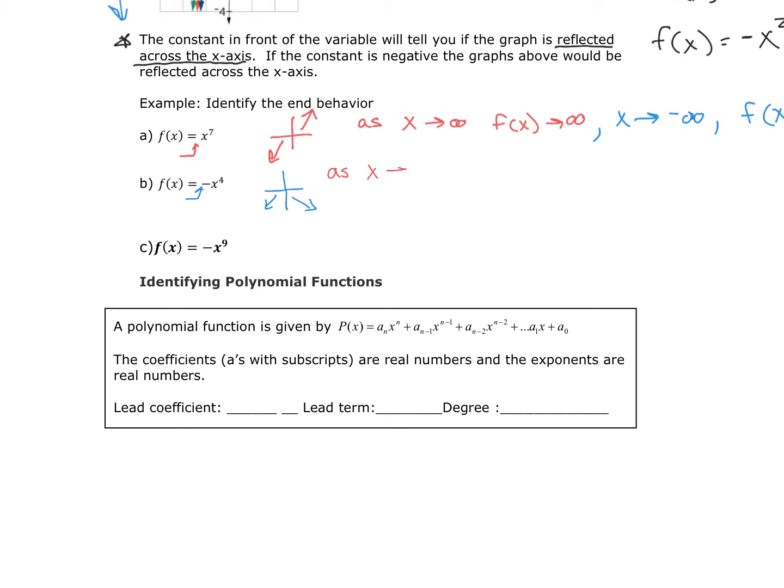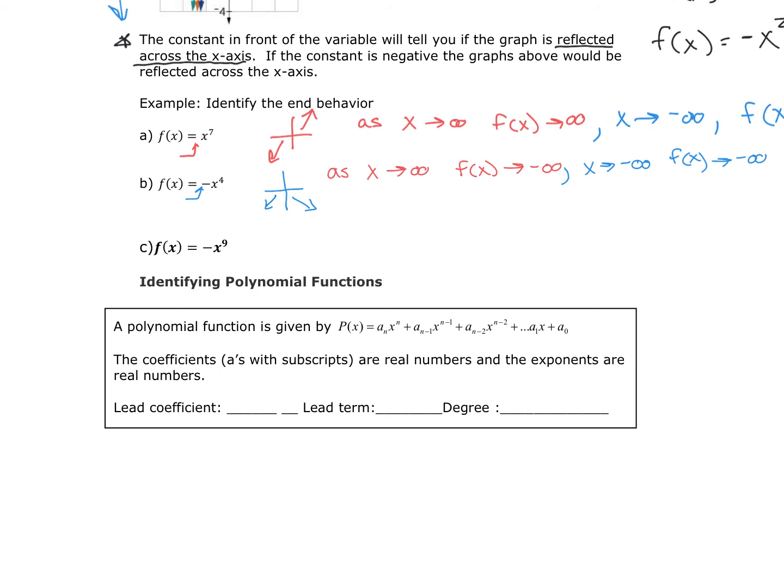As x approaches infinity, the function approaches negative infinity, and as x approaches negative infinity, the function also approaches negative infinity.